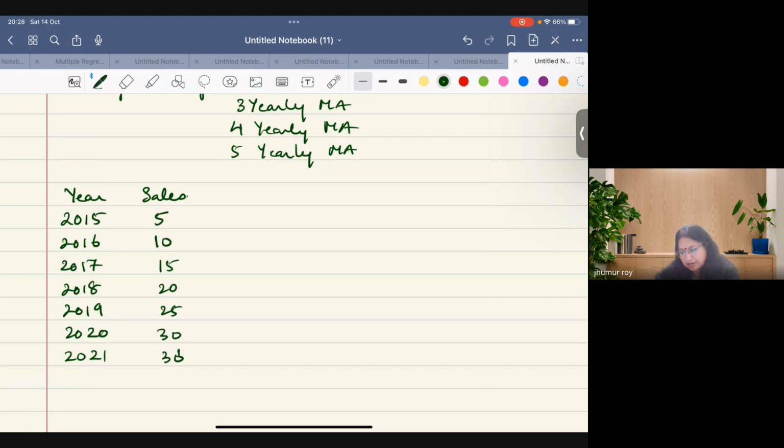It will not be like this in reality, there will be changes in values, but just to understand the concept, I'm taking this.